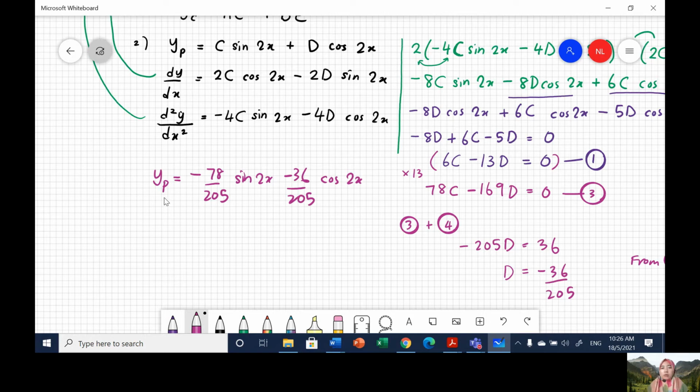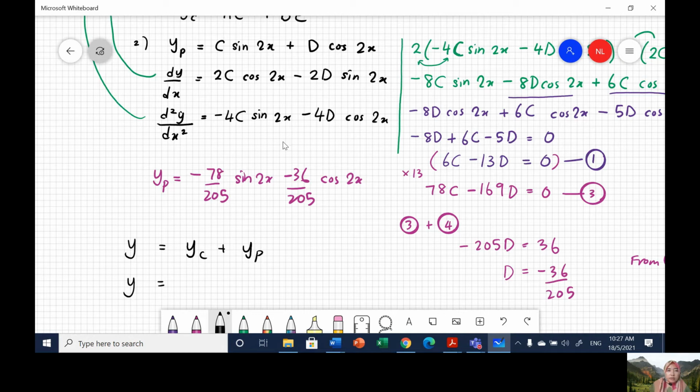This is our particular function. Then the final step is to write down that y equals yc plus yp.